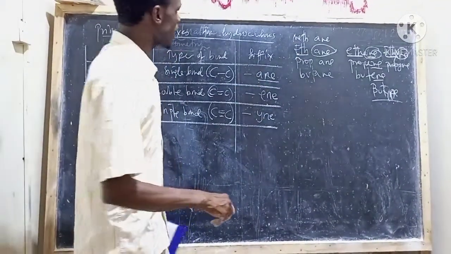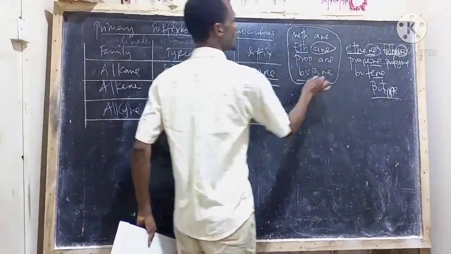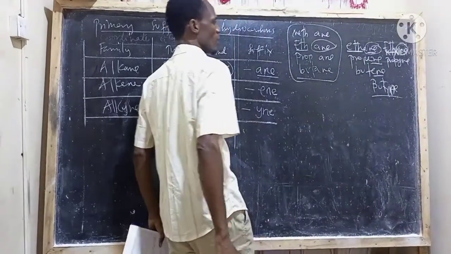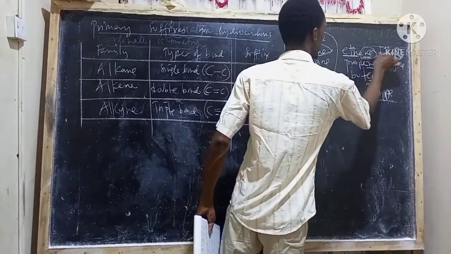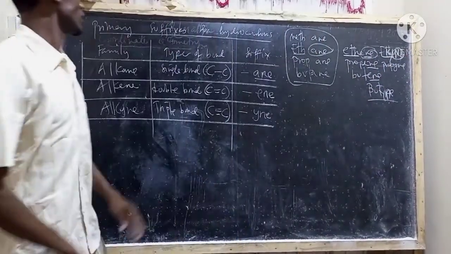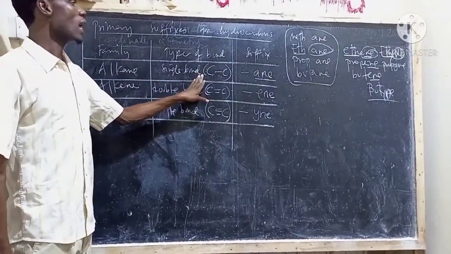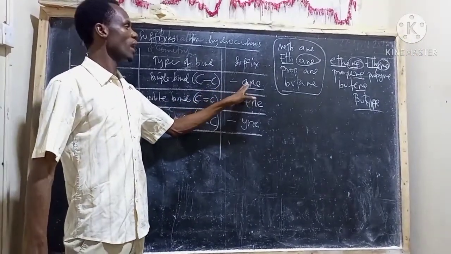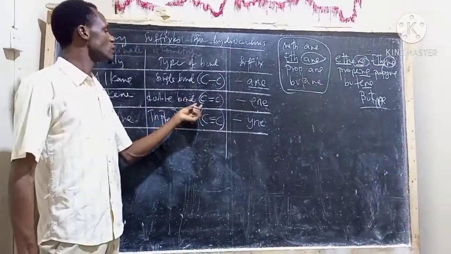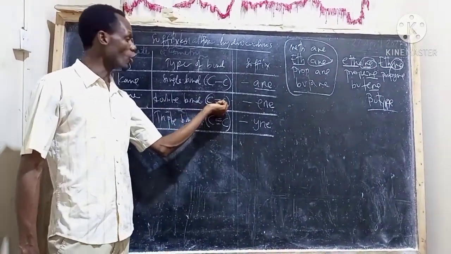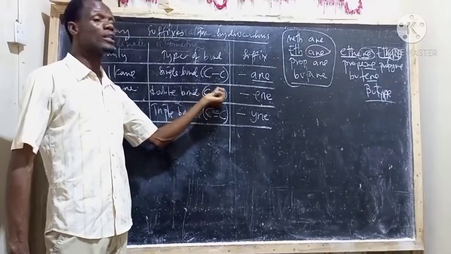Now the word that is added after the root name depends on the family. What family are you talking about? I'm talking about alkane, A and E. What family are you talking about? I'm talking about alkene, E and E. Y and E, and that is what I've written here. Now the family, if you're talking about alkane, you mean the single bond hydrocarbon, and its suffix is A and E. And when you're talking about alkenes, you mean the double bonds, and it must be between carbon and carbon, not between carbon and oxygen.